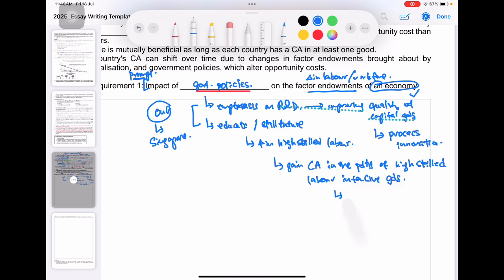Okay, example is pharmaceutical product, then IT solutions, etc.